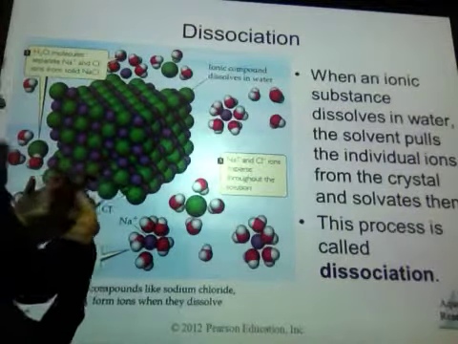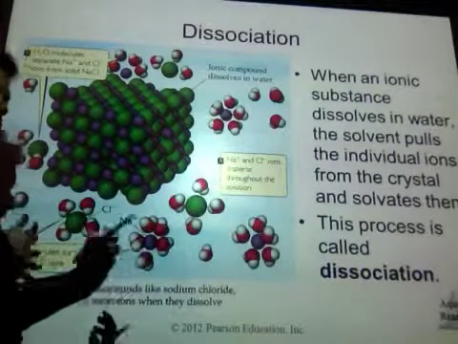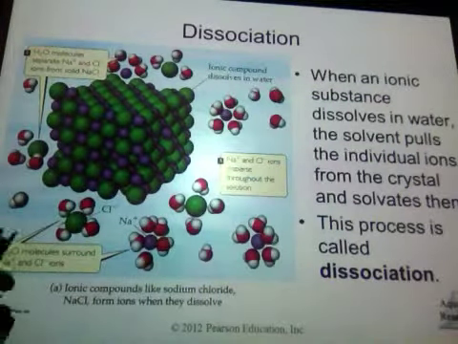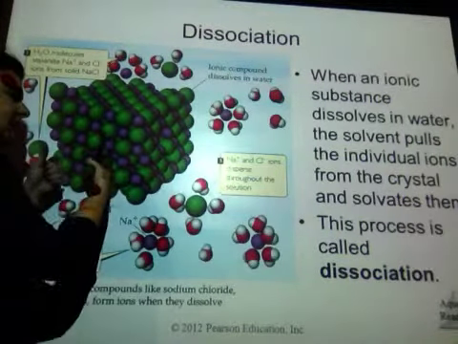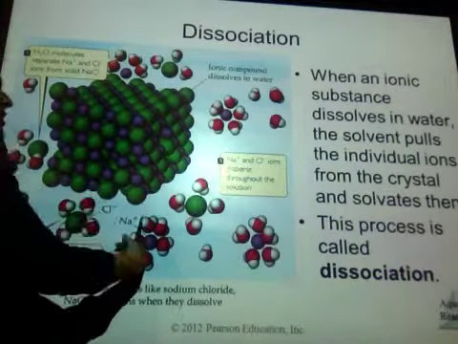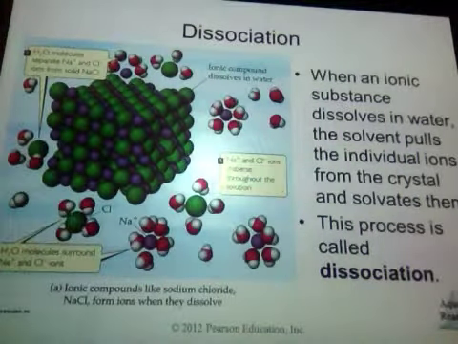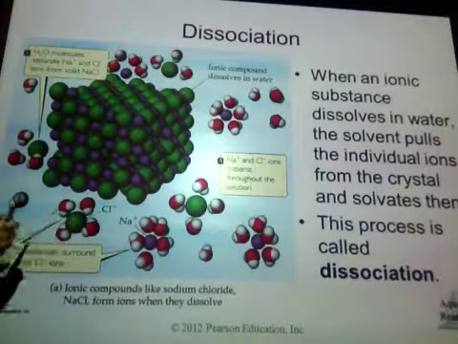That's why, if we add salt to water, we see that salt go away. I don't see those little salt crystals in the water anymore because it's dissociating. The water molecules are slowly taking those ions apart from that crystal. All of that's happening because I have these partial charges on water.